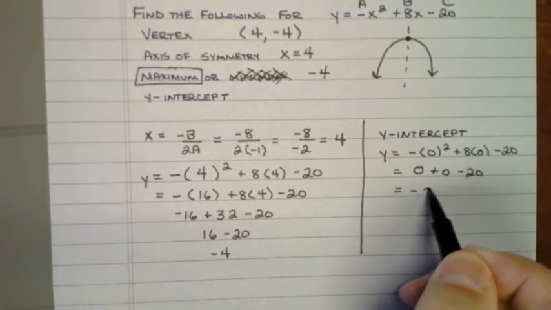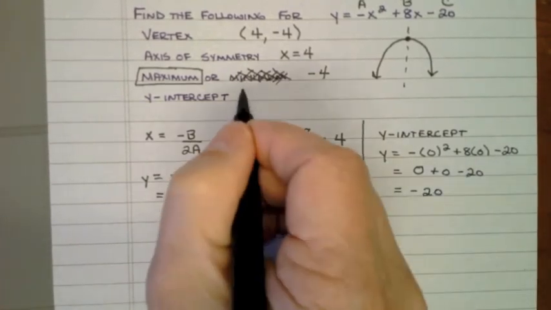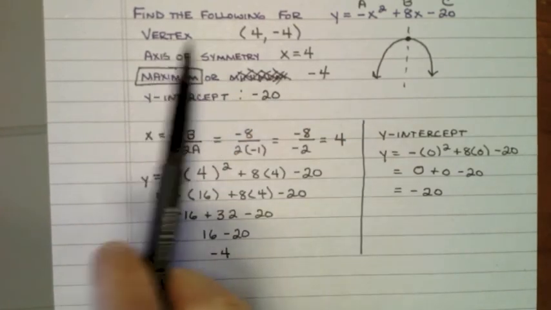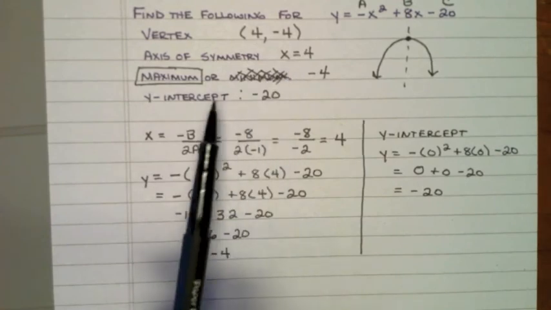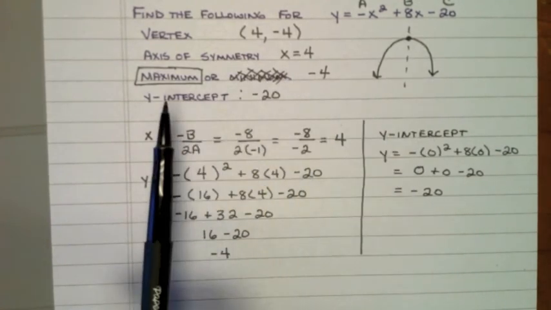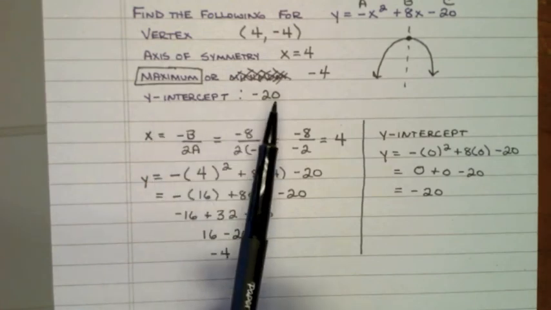My y-intercept is negative 20. This is how you find the vertex, the axis of symmetry, the maximum for this one, because this one's going to have a maximum. Here is the y-intercept.